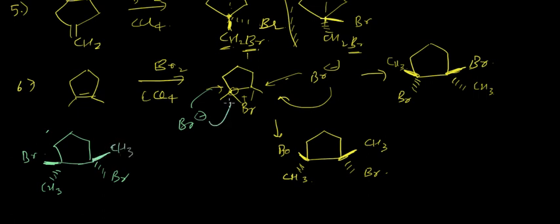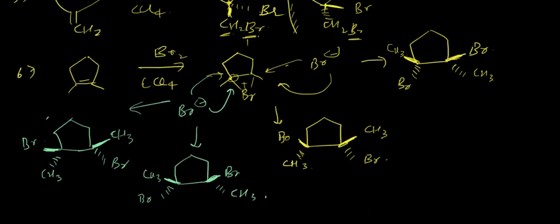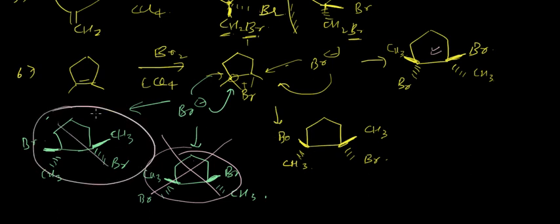And if it attacks below the plane, then we would have something like this one. Can you see something similar in here? This compound is similar to this compound, which is already covered, so we need not draw it again. And this compound is similar to this compound, so we again need not draw it. So only these two are formed.